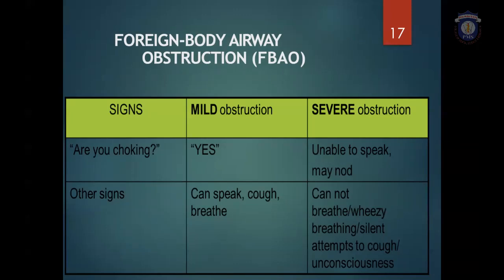In mild obstruction, the patient can speak, cough, and breathe. Whereas in severe obstruction, the patient cannot breathe, there will be wheezy breathing, silent attempts to cough, and the patient may become unconscious. These are the two different signs of mild obstruction and severe obstruction in case of foreign body airway obstruction.